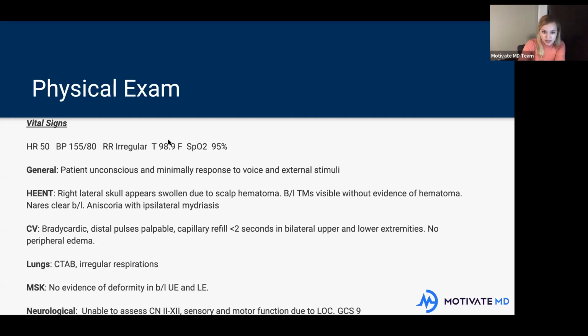All right, temperature, 98.9. Are we worried about that? Do we really care about that in the emergent setting? No, we don't care. Totally normal. And then SpO2, 95%. So the SpO2 is measuring the oxygen saturation in the patient's blood.